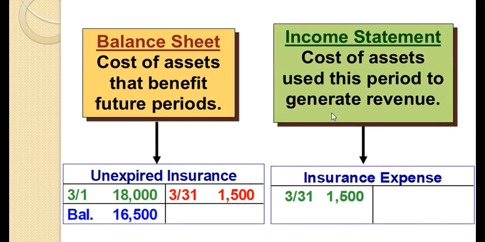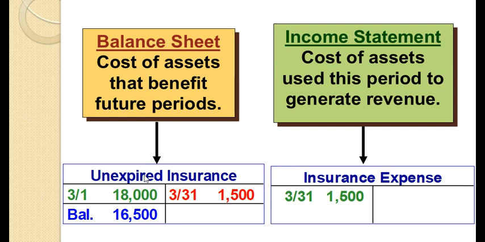Now, reporting the effect of converting an asset on the income statement and the balance sheet. The cost of an asset is a benefit in future periods. Unexpired insurance: on March 1, 18,000 you purchased it, and on March 31 there is a credit, and the balance is 16,500. Yes students, that is the point in the balance sheet.